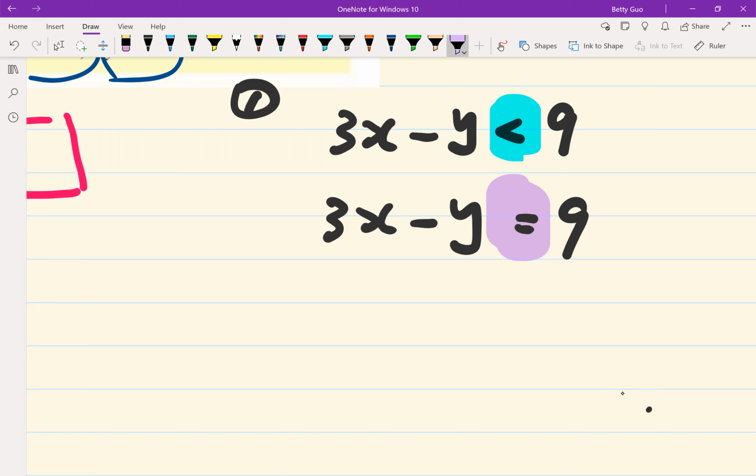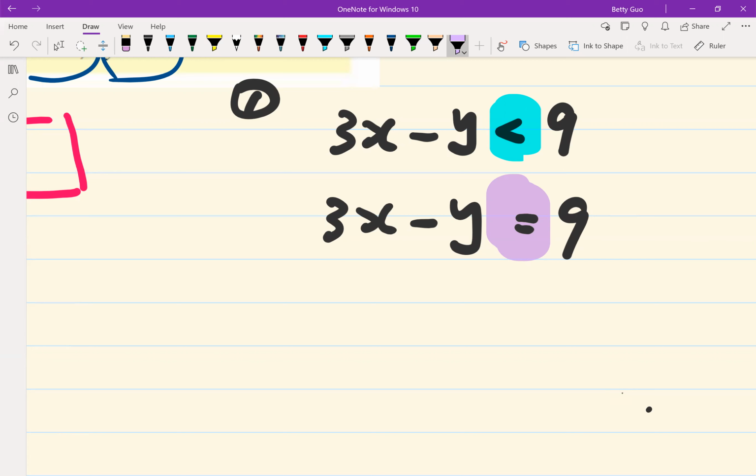If you change the inequality symbol to an equal sign, you get a linear equation in two variables. The whole chapter, we are talking about linear equations in two variables, right? Linear equations in two variables are straight lines in a rectangular coordinate system.